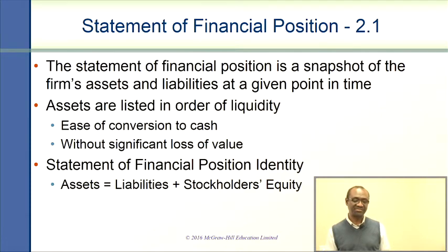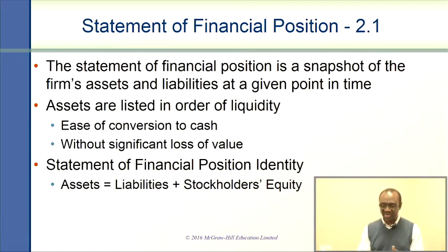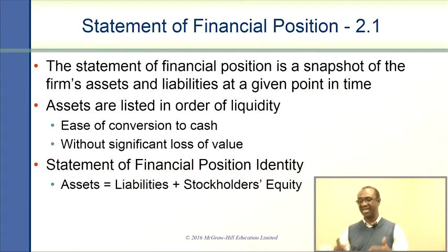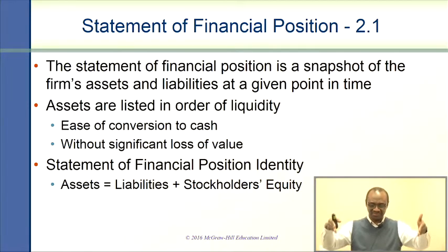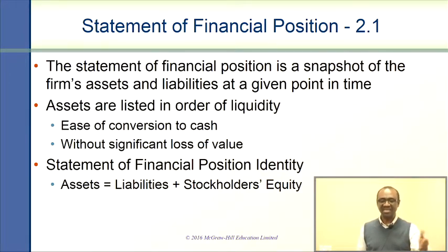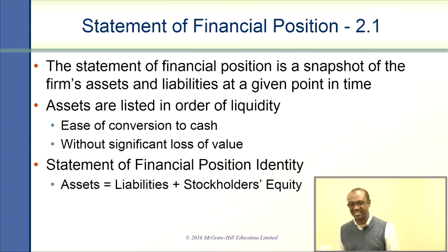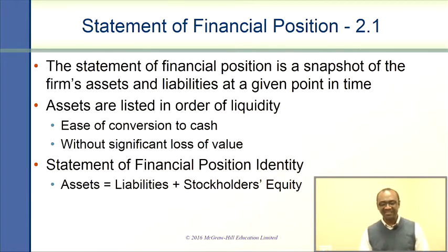The reason it's called the statement of financial position is that it looks at what a company is worth as of right now, as of today. Hence, when we prepare the statement, we say as at the year end, or as at the date that the statement was prepared. So what are some of the elements or content of this statement?